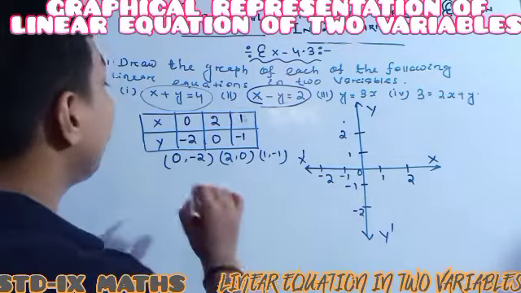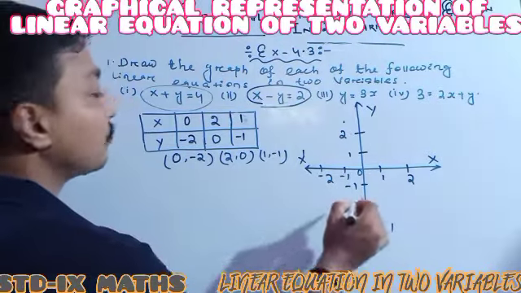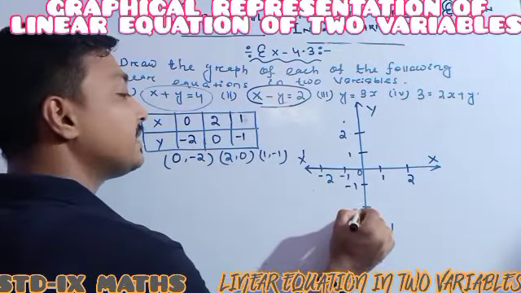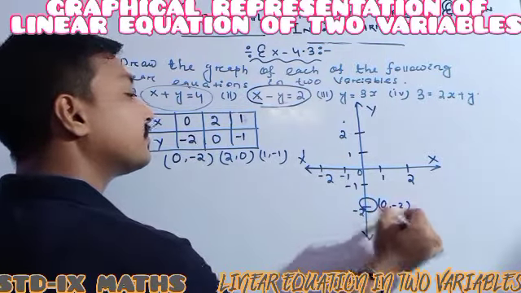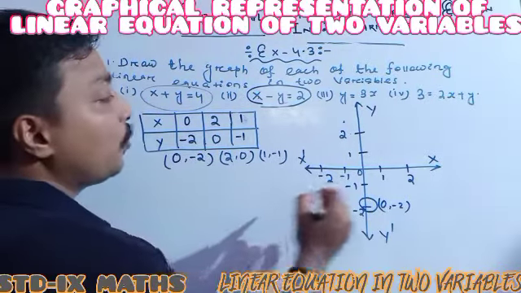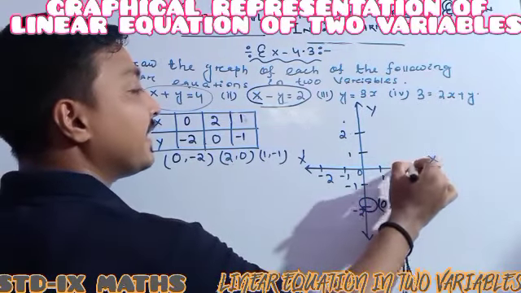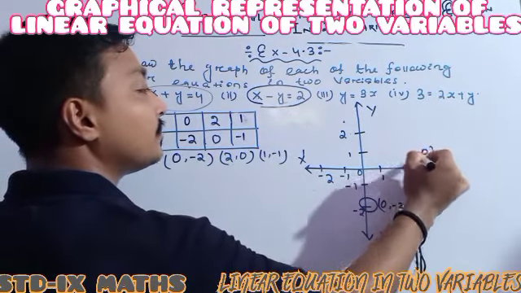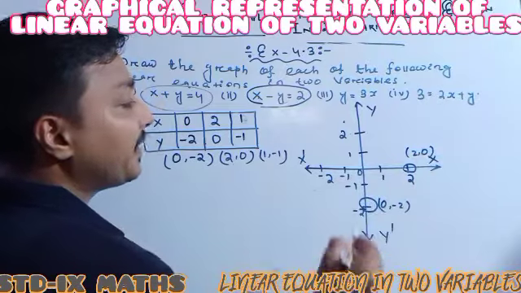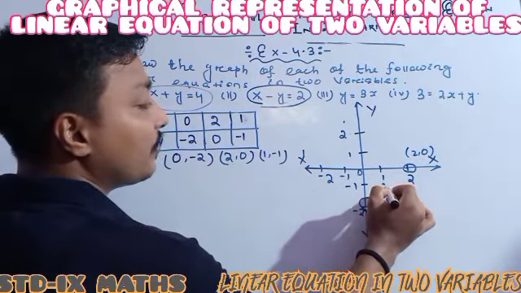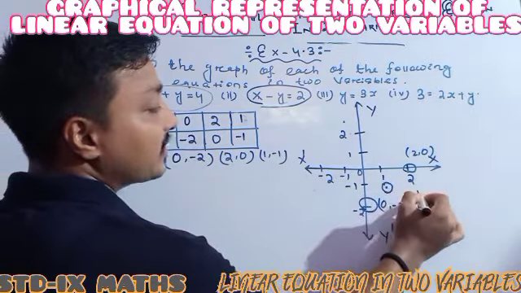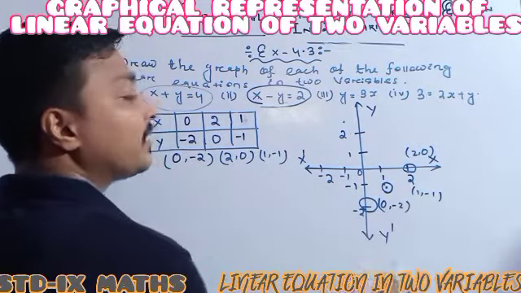So first one is 0, minus 2. See, 0, minus 2 means it is a point, it is at here. Ready? Then 2, 0, it is a point, it is at here. Then 1, minus 1, 1 is at here, minus 1 is at here, this one is the point of coordinates 1, minus 1.